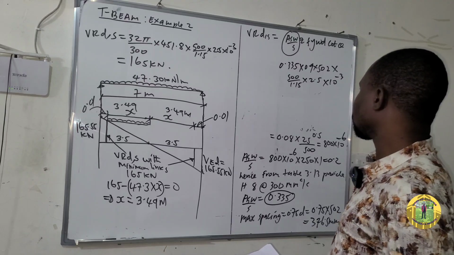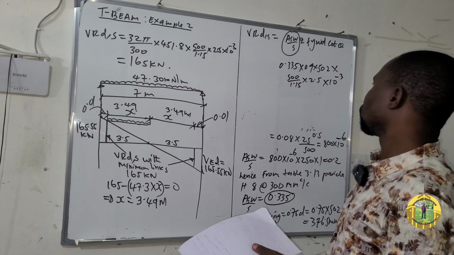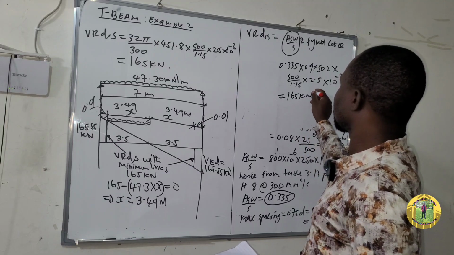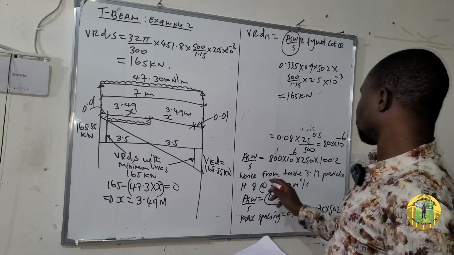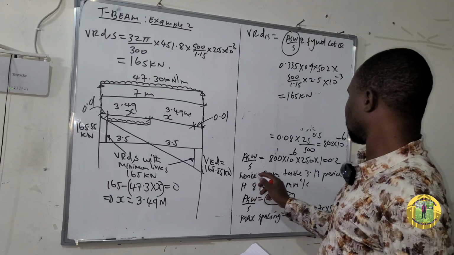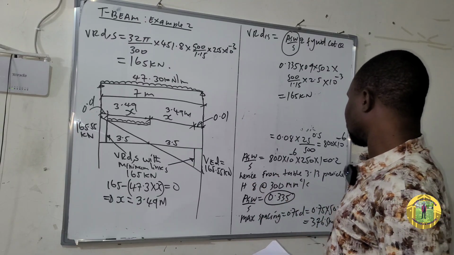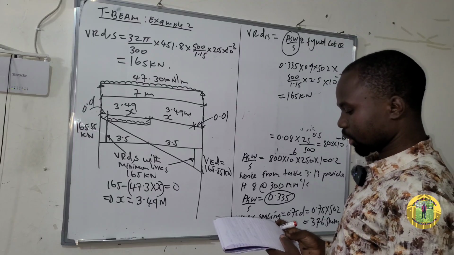So this one is equal to 165. So this one, we will provide H8 at 300 millimeters center to center.